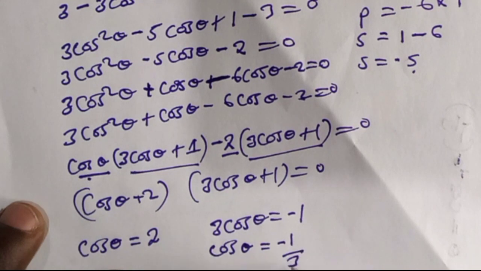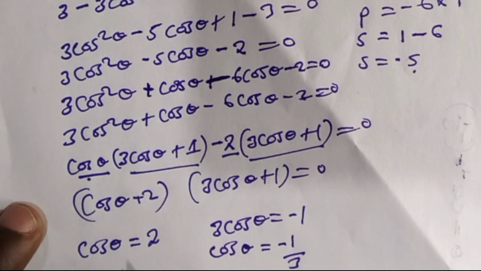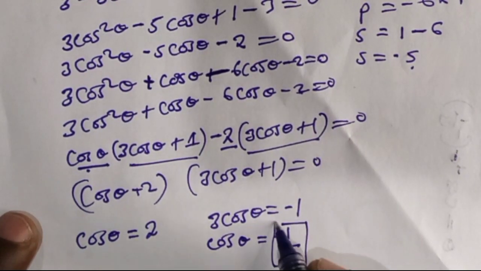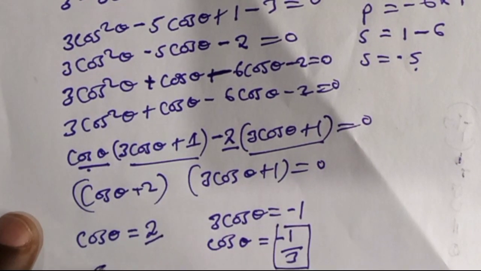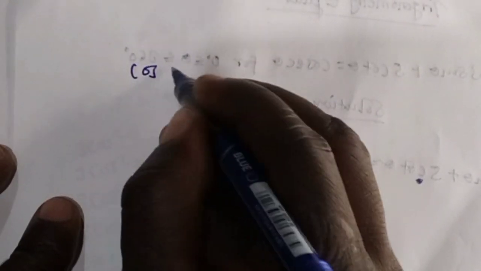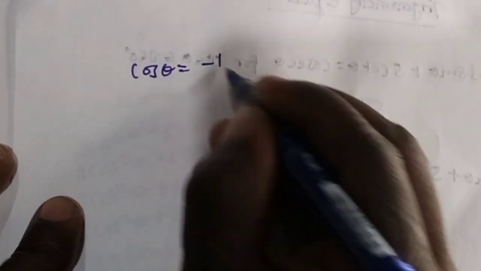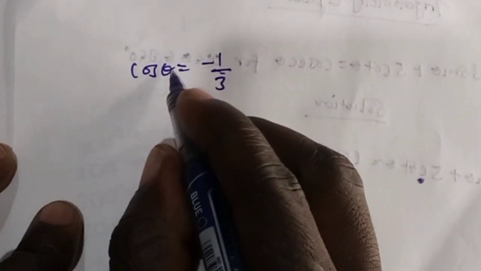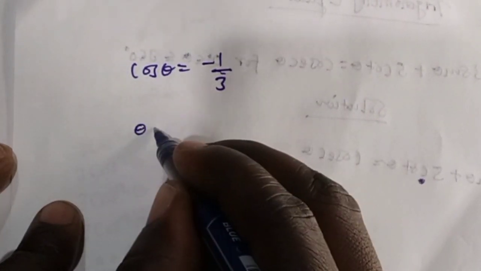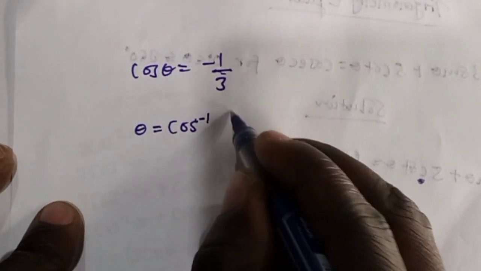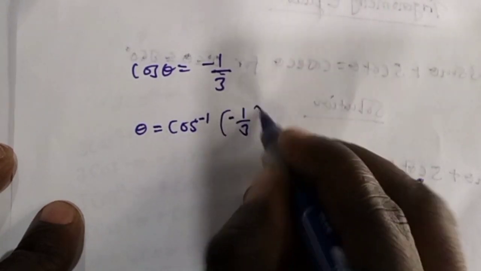If you take the inverse of 2, it is not possible, so this value is rejected and we only consider cos theta equals minus 1 over 3. Then we take the inverse: theta equals cos inverse of minus 1 over 3.